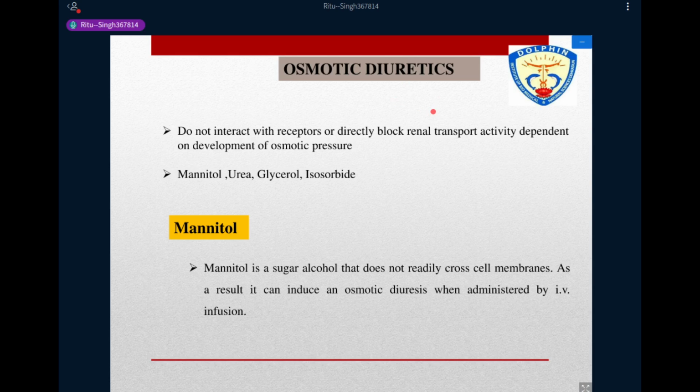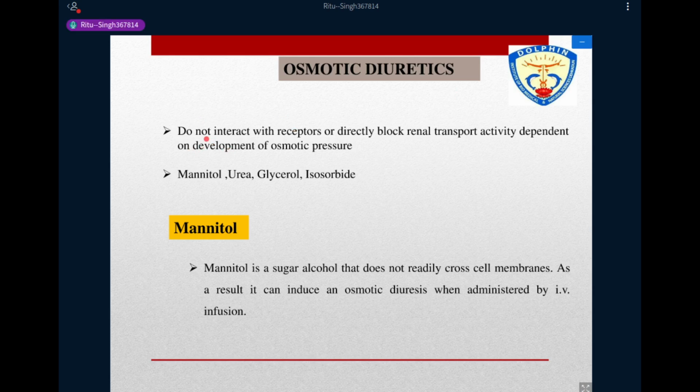That's why osmotic diuretics are used as a masking agent in sports persons. Some sports persons use it to hide or prevent detection of a banned substance or illegal drugs like steroid drugs. So osmotic diuretics are also used as a masking agent in sports.